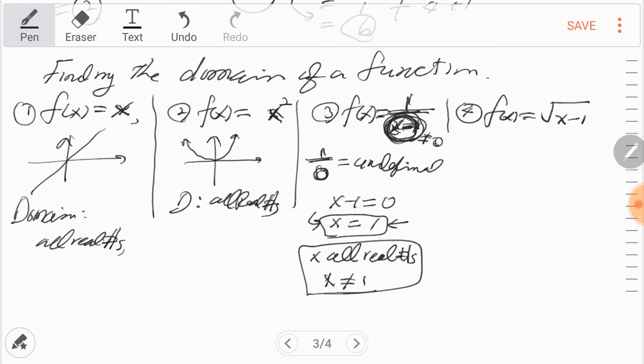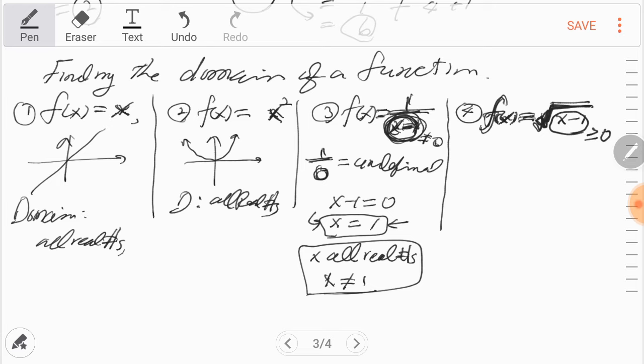Okay, how about number 4? This is a square root function. In order to have a real number as an output, the expression inside the radical symbol must be greater than or equal to 0. So this is a restriction.